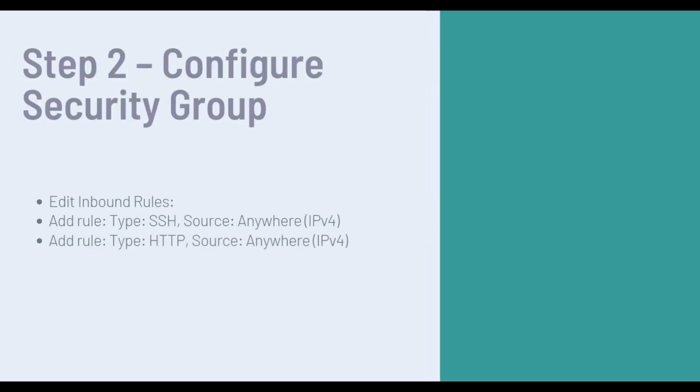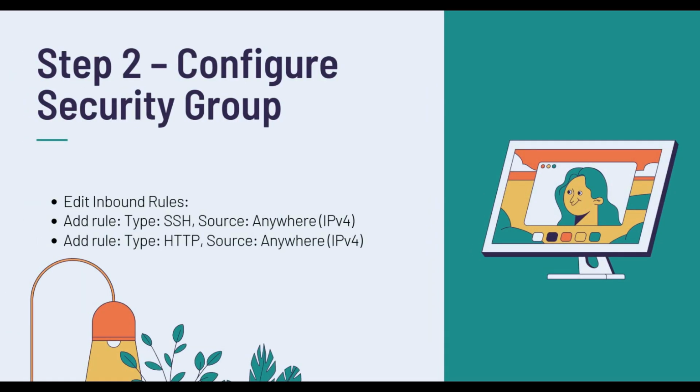So step 2 is configuring the security group. By default nothing can reach your EC2, so we need to allow two things in a Linux server: SSH and HTTP. In Windows we chose RDP to connect to your virtual machine from your local system.